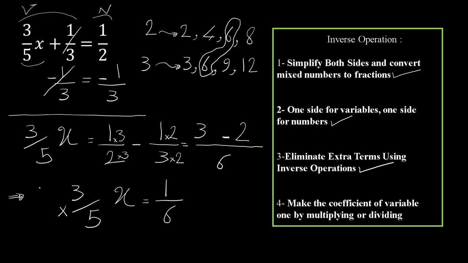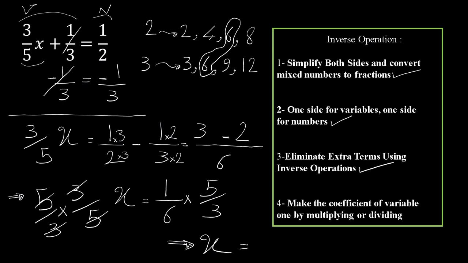Of course, it is 5 over 3. And am I allowed to multiply only one side? No, I must do exactly the same with the second side. On the first side, these are going to cancel each other out. And I'm going to have x is equal to 5 times 1, which is 5.